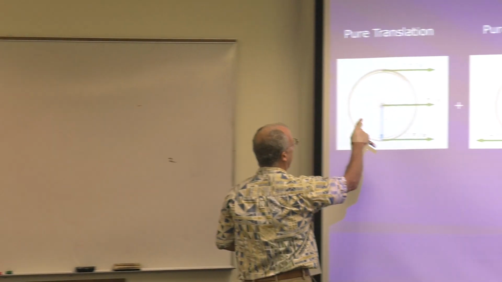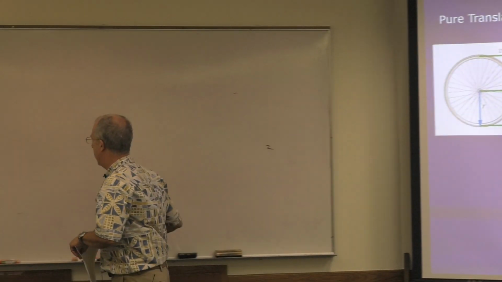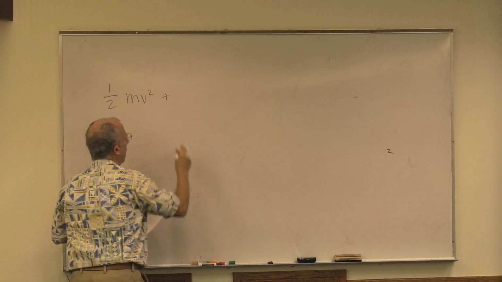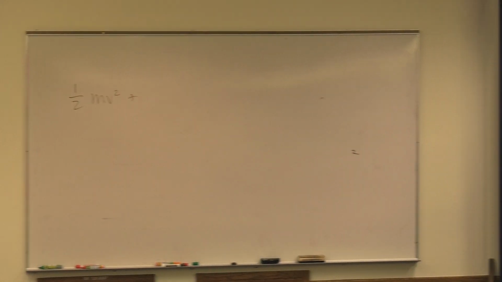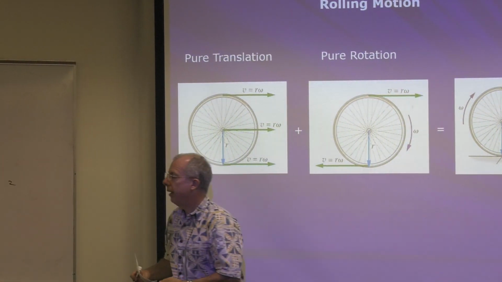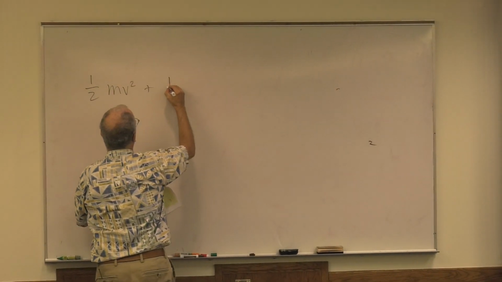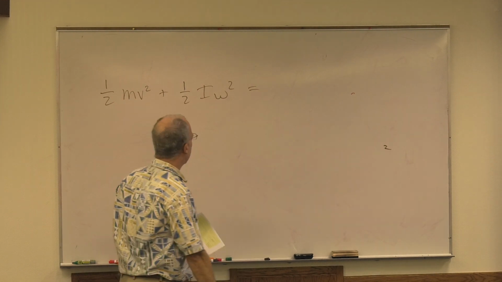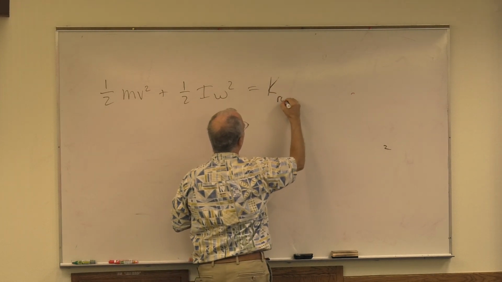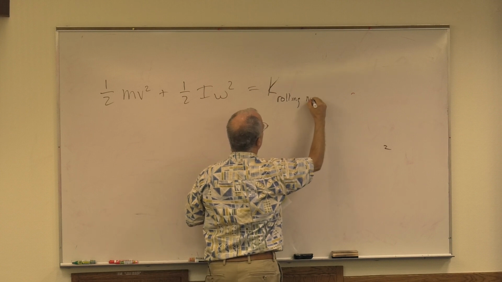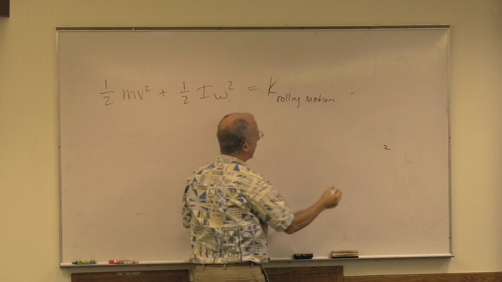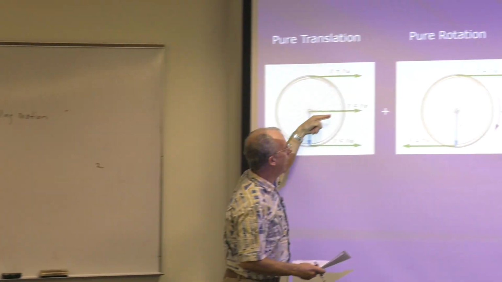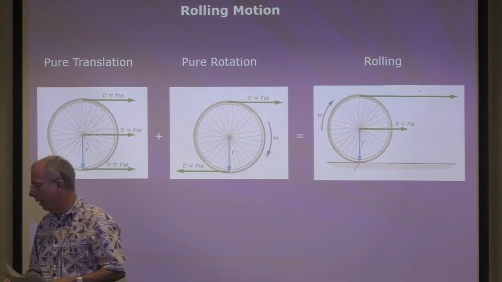So what is the kinetic energy of pure translation? It's 1/2 mv squared. What is the kinetic energy of pure rotation? It's 1/2 I omega squared. So that is the kinetic energy of rolling motion. Just as you would expect, there's two pieces, right? There's the translational part and there's the rotational part.